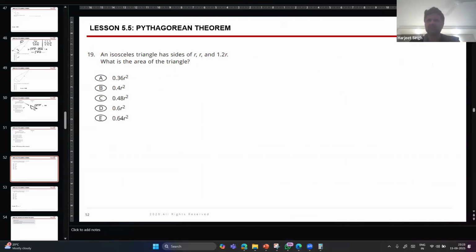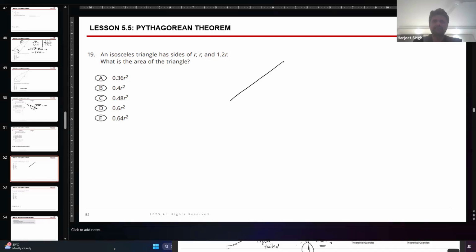Isosceles triangle has sides R, R, 1.2 R. What is the area of the triangle? So let's draw this triangle.